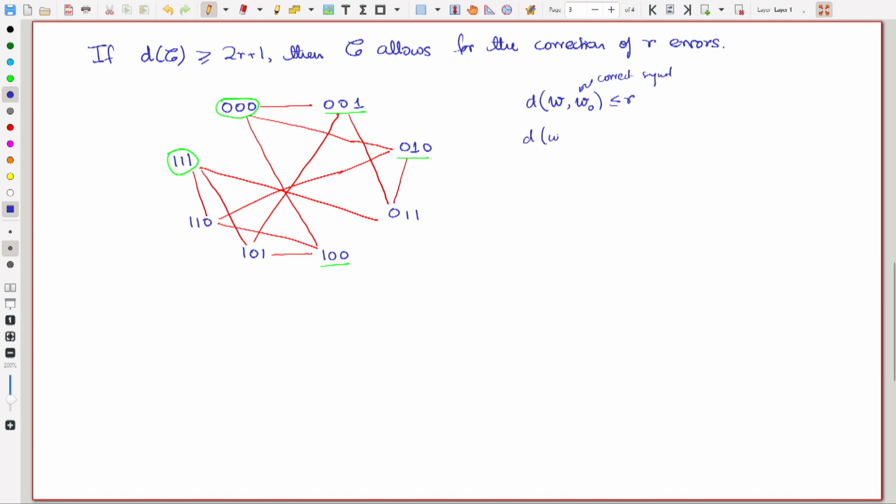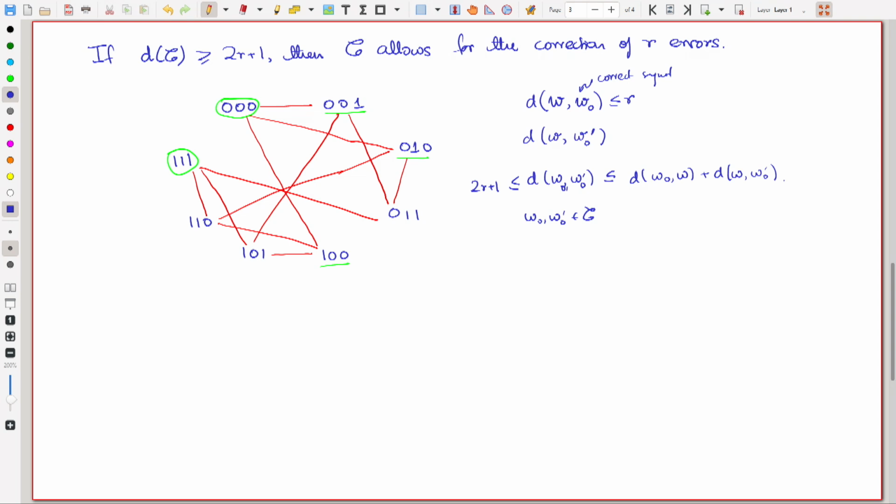Then the distance of w from any other word w naught prime will be greater than... The point is that the distance between w naught and w naught prime, both being in the code, should be greater than or equal to 2r plus 1, and this is less than or equal to the distance of w naught to w plus the distance of w to w naught prime. The Hamming distance has the triangle inequality.